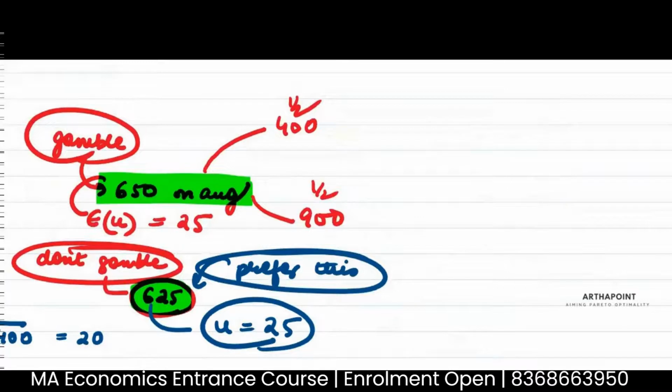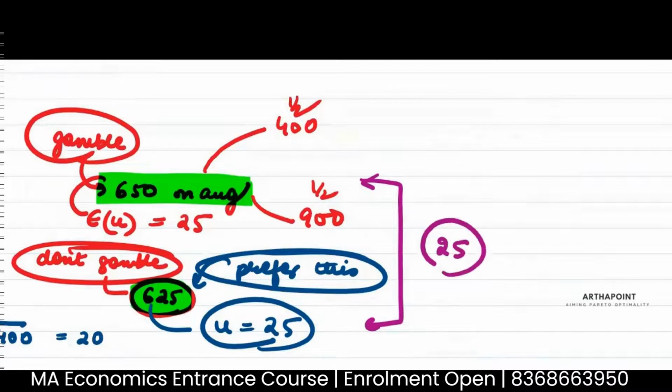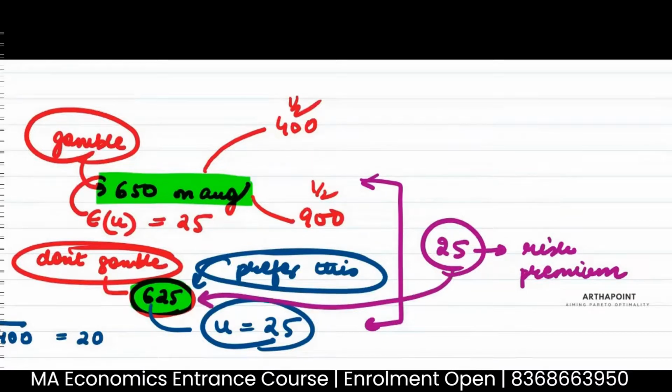How much less? This gap. What is this gap? 25. 650 minus 625. This is my risk premium. So I am willing to give up 25 if you tell me I get this 625 with certainty.